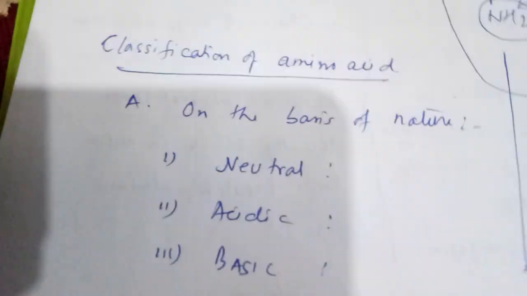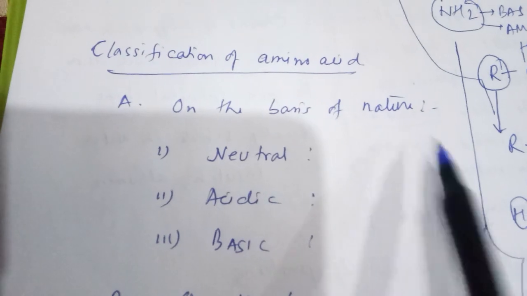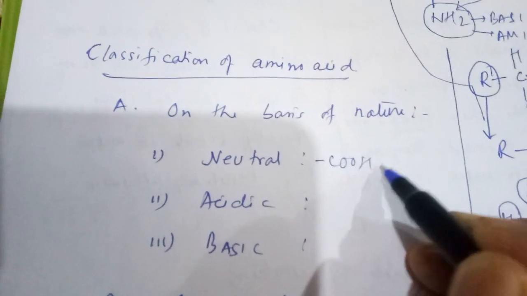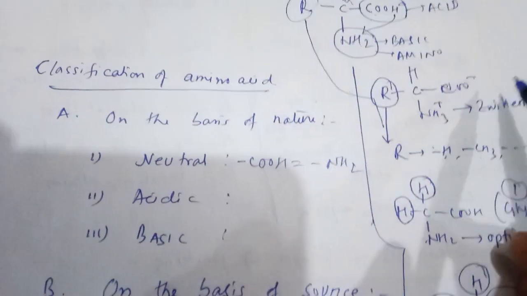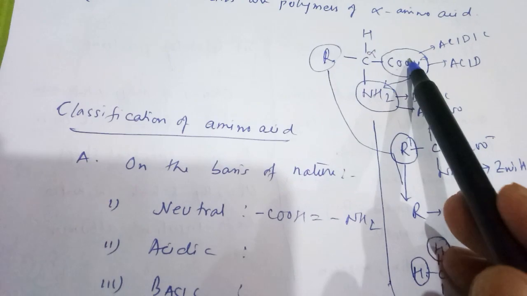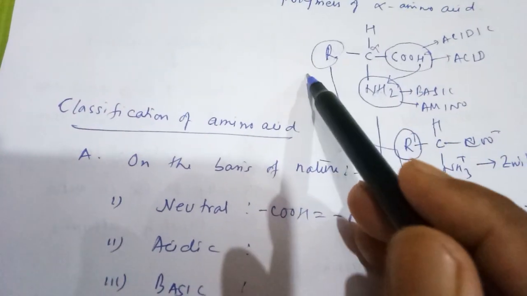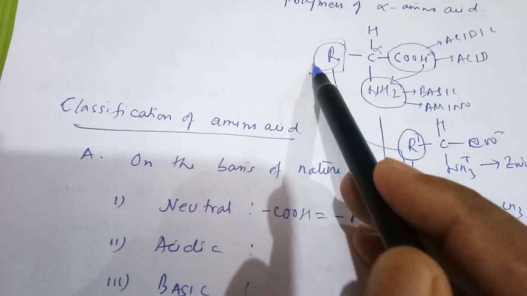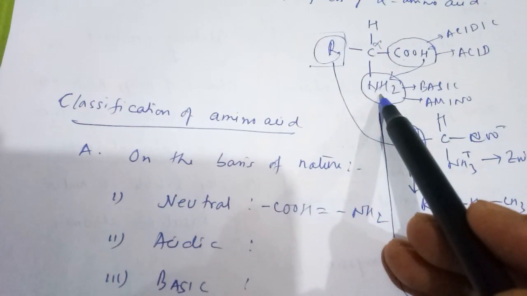Now we are moving to the classification of amino acids on the basis of nature. If the number of COOH groups is equal to the number of NH2 groups, it is neutral. If there is an extra COOH group more than NH2, this is acidic.